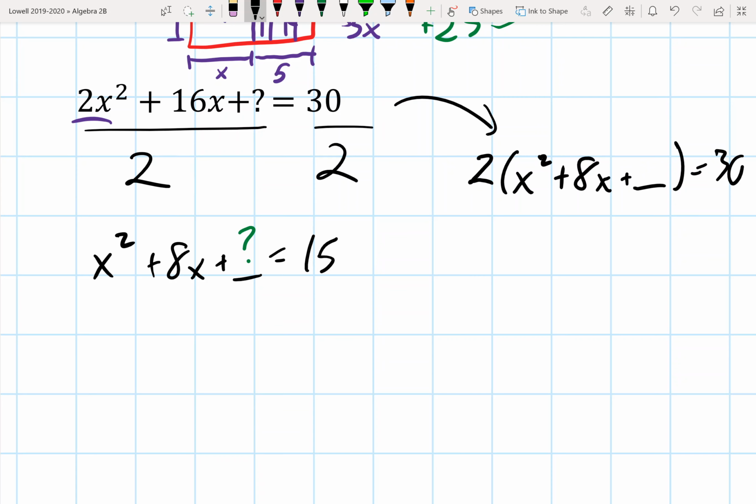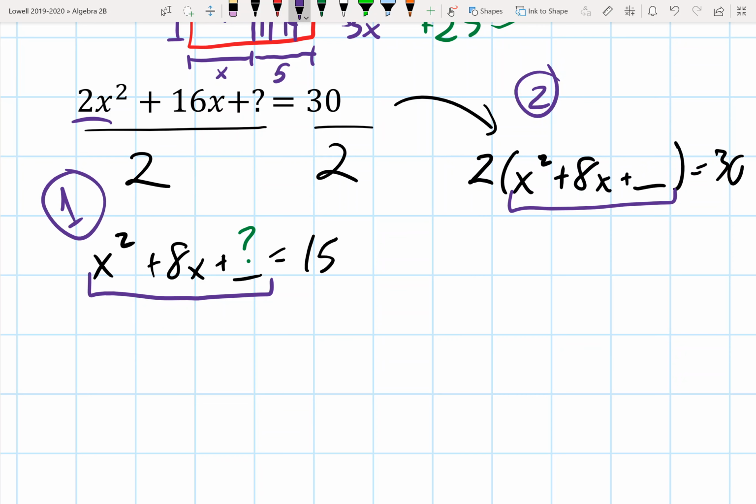And so now what you're going to do is just look at what you have inside here. On the left side, option number 1, and there's option number 2. In method number 1, you can just complete the square just like we had been. And so I'll quickly draw the picture here. If I have an x squared, that would have to go, so here's my box.